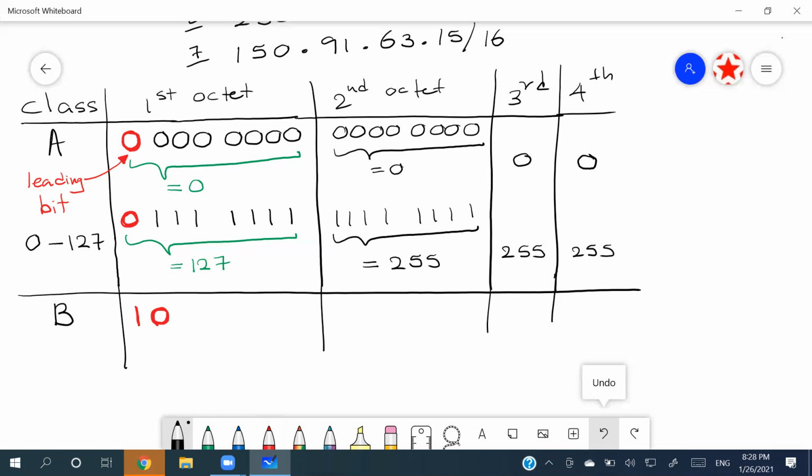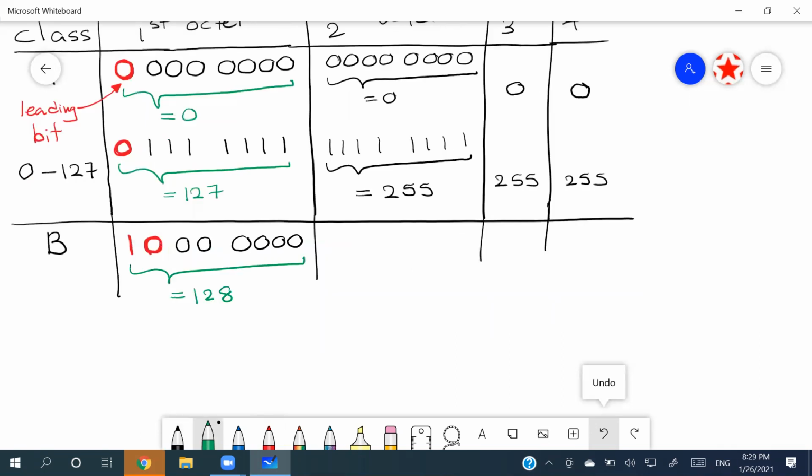Right? So other 6 bits can have 6 zeros as the least value, which indicates 128. Right? And as the most value, 1 and 0 will be there, and 6 ones will be there as well.